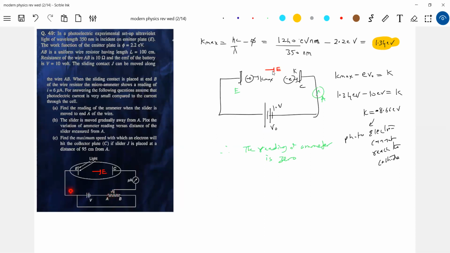Now you can ask questions: sir, no current here, then how come drop? The drop can be from here. This is very important, please do look here. There will be a continuous flow of current. I'll indicate it something like this, I dash. This I dash will be non-zero wherever the jockey may be, either at A or B. If you can agree to this, I think it will be a very easy thing.